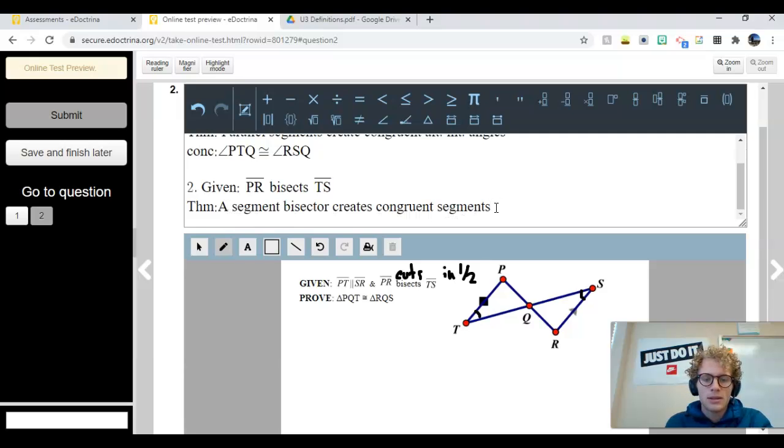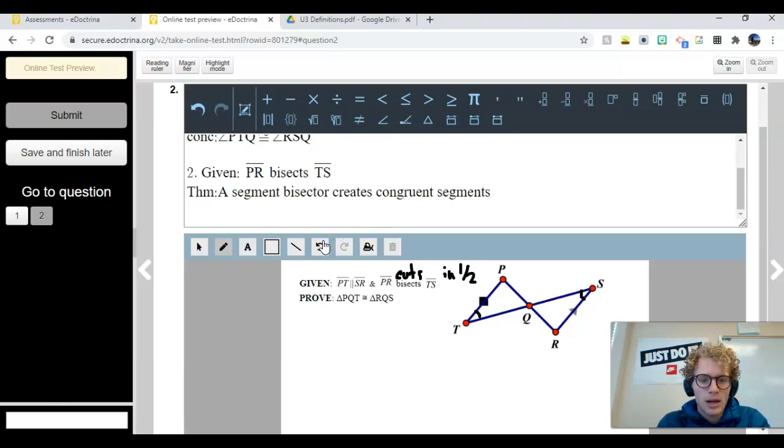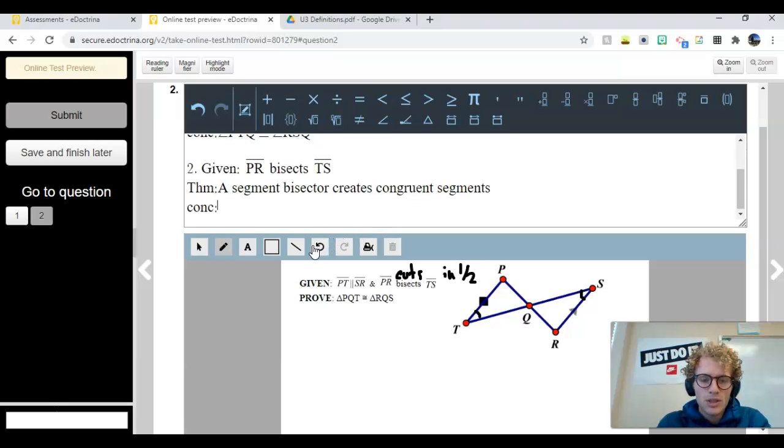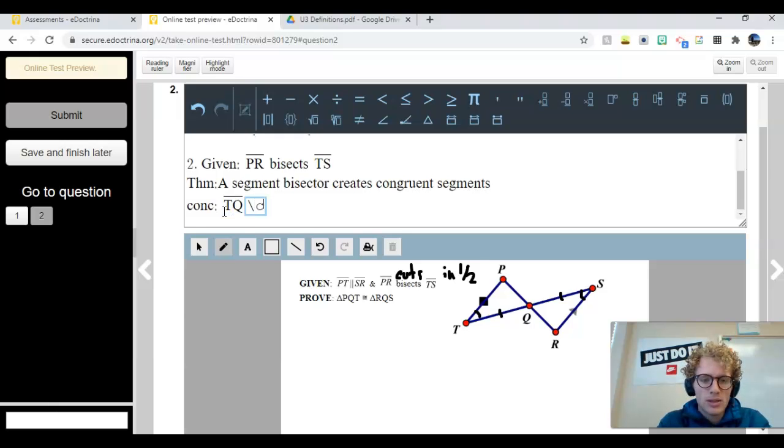And then we write our conclusion. So again, PR is cutting TS in half. That means that we get TQ and SQ. So our conclusion is that segment TQ is congruent to segment SQ.